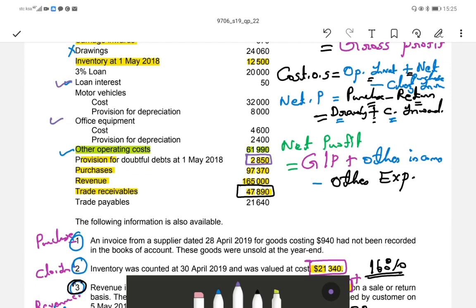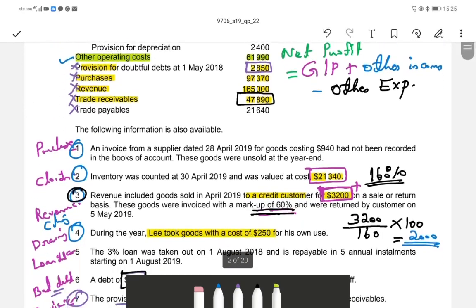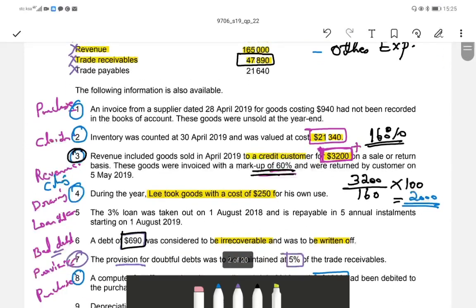So provision for doubtful debts already we have done, so no need. Purchase no need, revenue no need, trade receivables, trade payables. Next we have to move to the adjustment. Loan interest and depreciation will be taken after the bad debt and other adjustment. Adjustment 1, that is for the costing supplier. It was the purchase one. We have already done the adjustment 1.